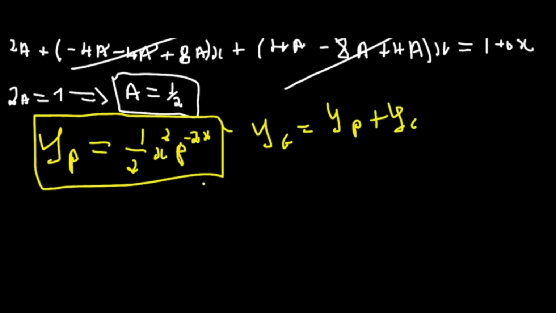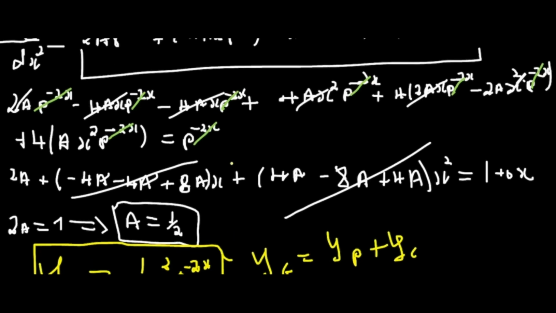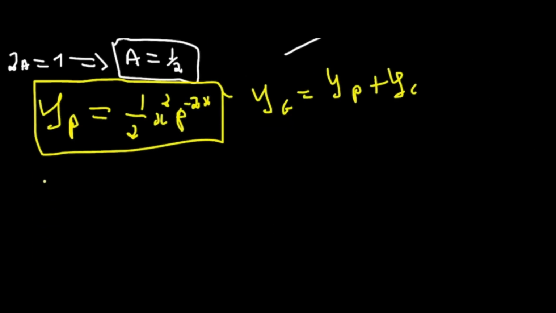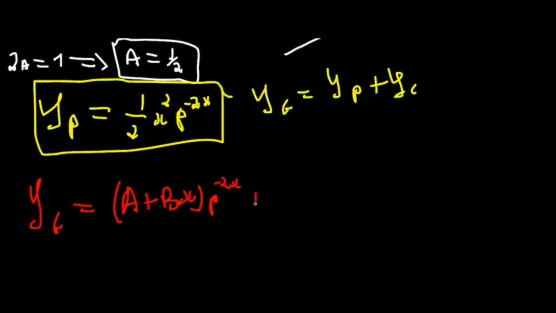We already saw that our complementary solution is a plus bx. So finally we're going to get our y general to be equals to a plus bx e to the minus 2x plus a half x squared e to the minus 2x.